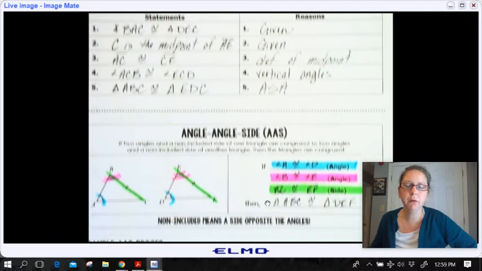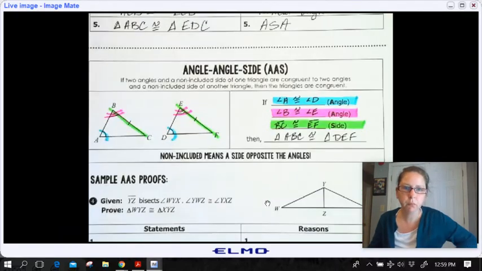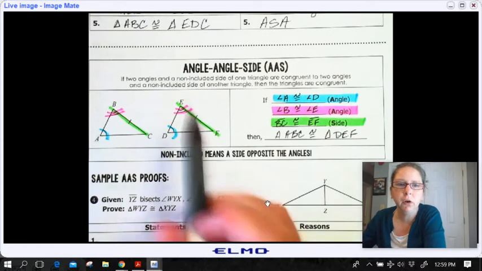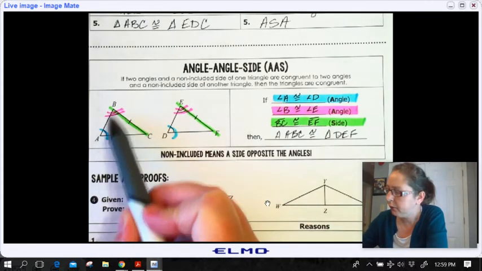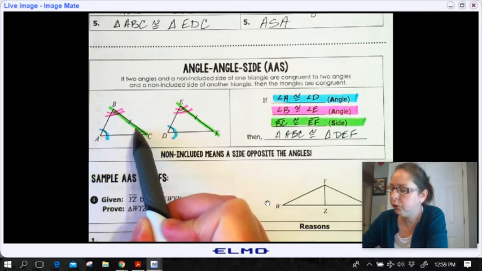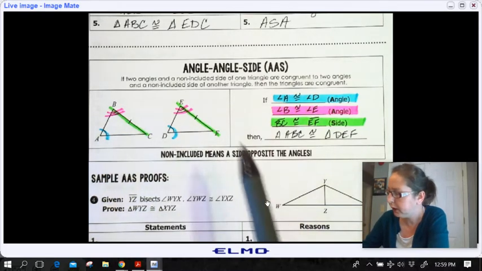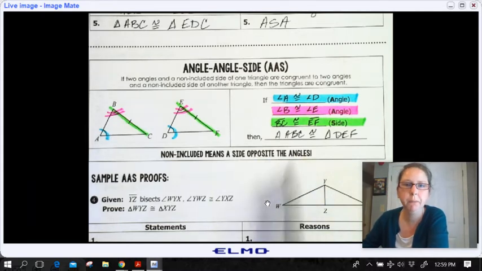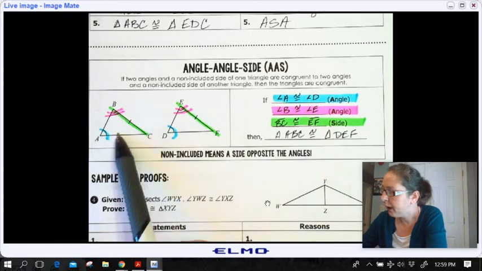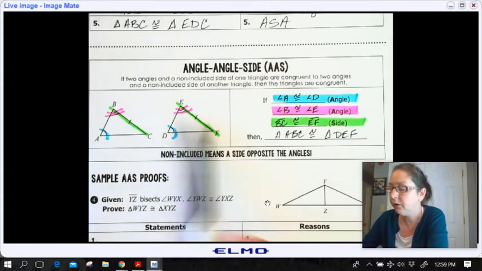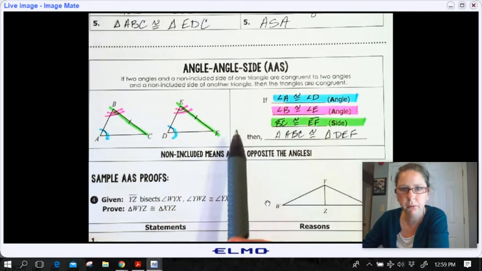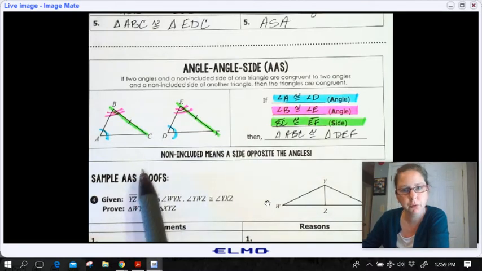Let's look at our last side that requires 3 pieces of information. I have angle, angle, side. So if two angles and a non-included side in one triangle are congruent to two angles and a non-included side in a second triangle, then the triangles are congruent.